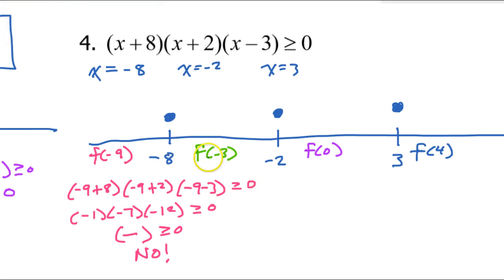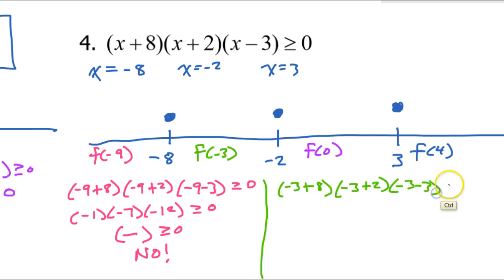Okay, now let's check -3. So that's going to be -3 plus 8, -3 plus 2, and -3 minus 3. Is that greater than or equal to 0?